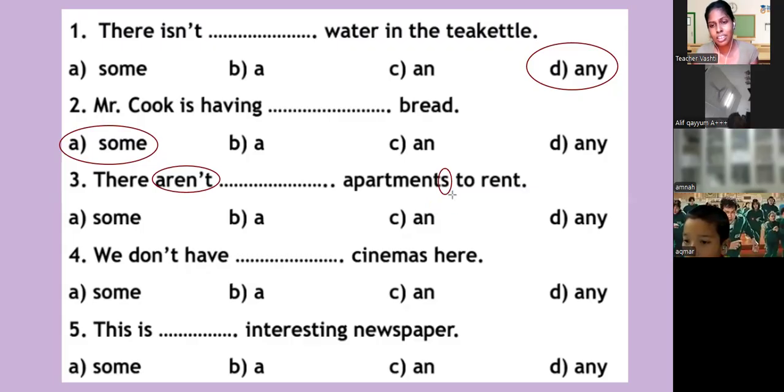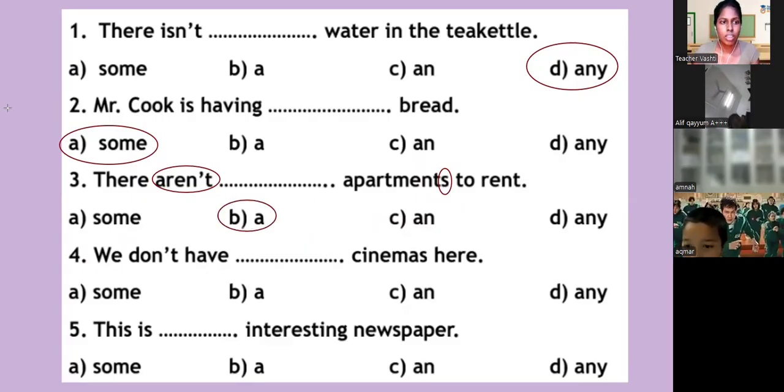Apartments. Banyak. Can use a? There aren't apartments to rent. So what's your answer? Some, a, an or any. 4 je jawapan ni. So which one is the answer?